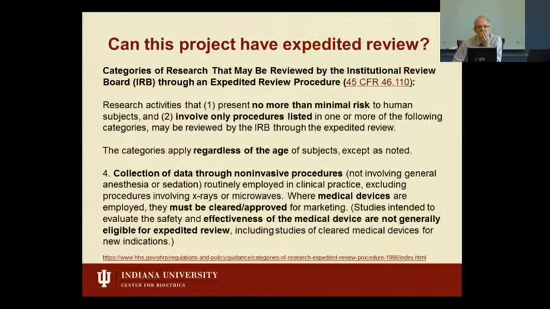I'd say the devil's in the details in that, but it's not infrequent that we have a study that really is minimal risk, but it doesn't fit any of the minimal risk categories. So it has to go to a convened committee.